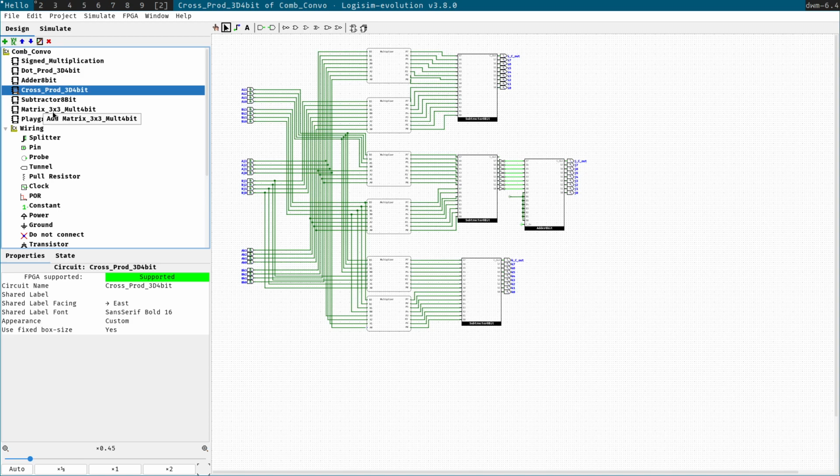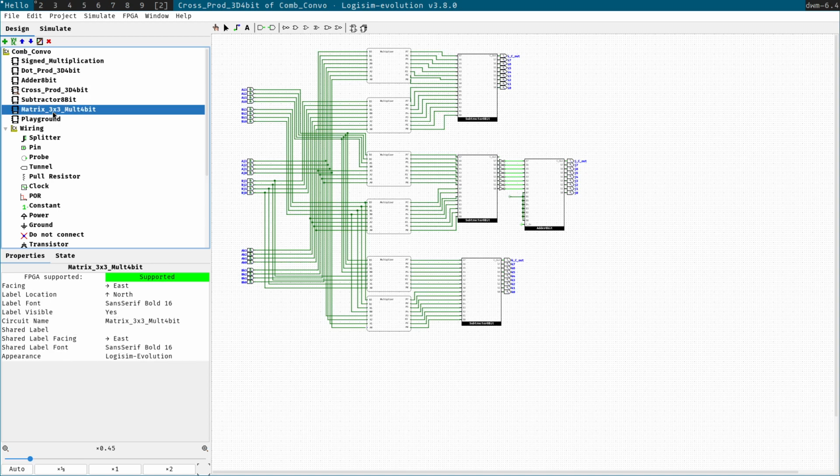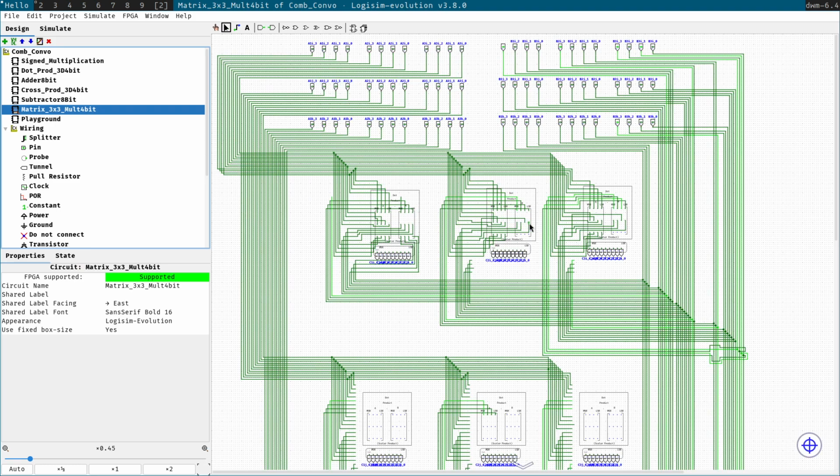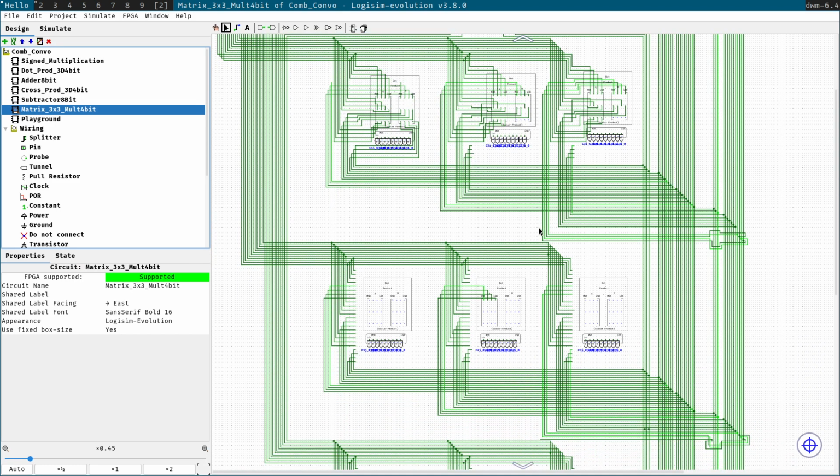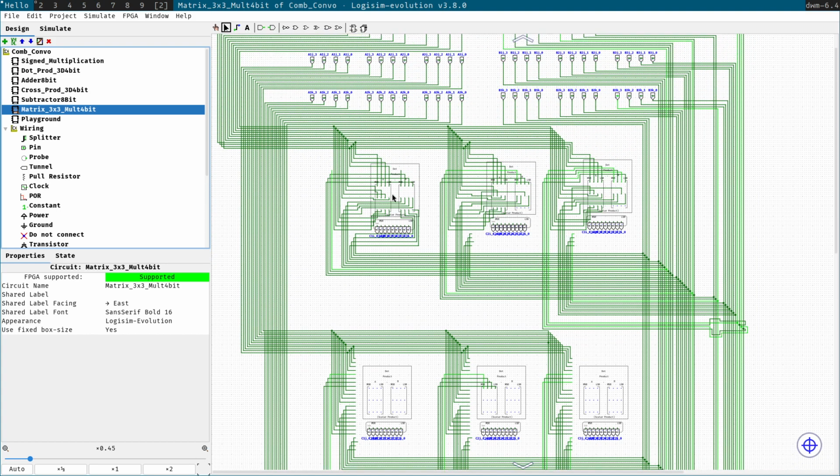I did try to implement a 3x3 matrix multiplier, but if you've read the website, you would know that once I did the custom look in Logisim, it actually broke everything. So this is what it was looking like right before it stopped working, and then when I did the designs, it kind of messed up everything, like you can see here.